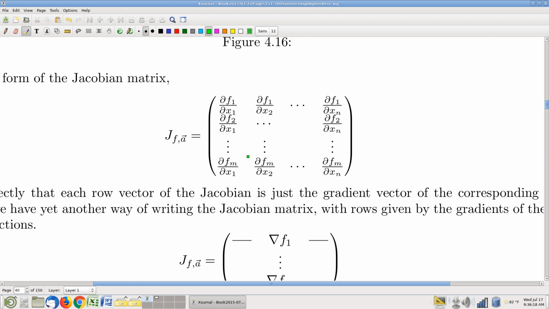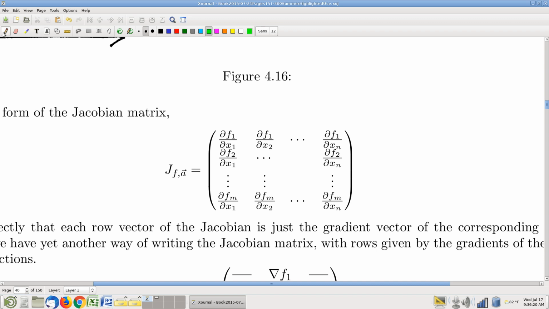But it's organized in a certain way, right? The way we observed the organization last time was that the columns are all partial derivatives. So that first column is the partial derivatives of f with respect to x1, always x1 in that first column.